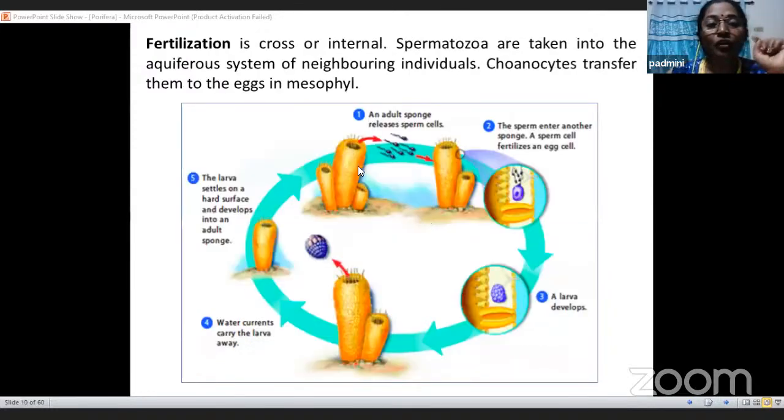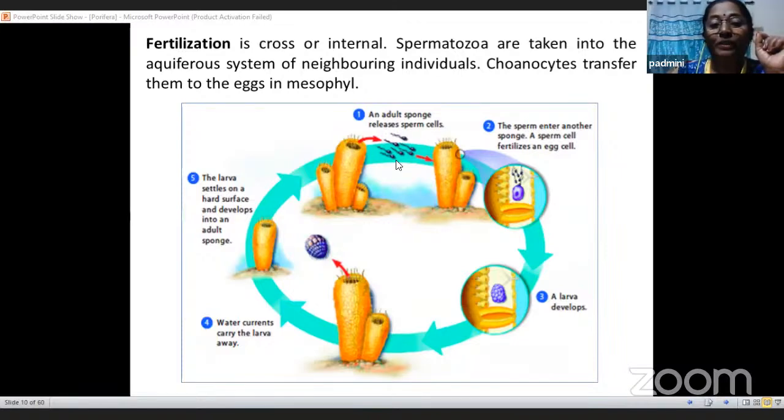So here cross fertilization occurs. You can just have an idea about how they fertilize. There is never self-fertilization. It is always cross-fertilization. Even though they are hermaphrodite, it is always cross-fertilization that is occurring. That is, a sperm is released from one sponge.